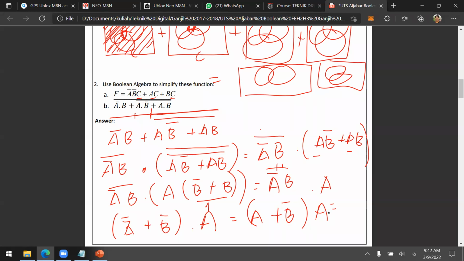It will become A times A plus A B naught. Then A times 1 plus B naught. 1 plus B naught is 1, then the result is A. So for 2A, the simplest function is C, and 2B is A.